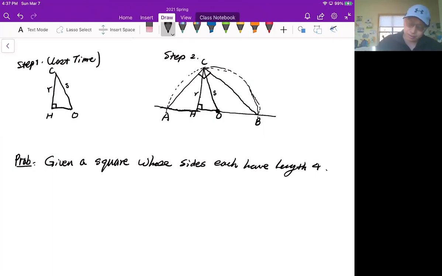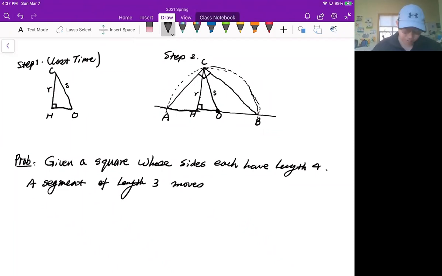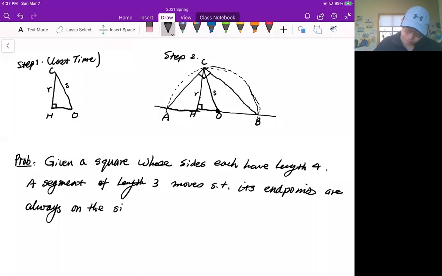Now let's see, we're going to do the following. A segment of length 3 moves so that its endpoints are always on the sides of the square.